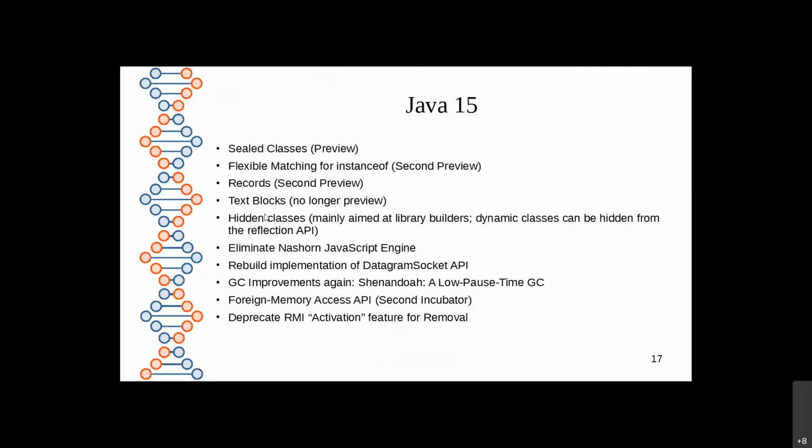Nashorn, which was added only a few releases back, you remember, is gone now. They removed it. They rebuilt the TCP socket in the previous release, and here they rebuilt the datagram socket. More garbage collections, a whole new garbage collector, which you can specify on the command line when running Java to have low pause time.